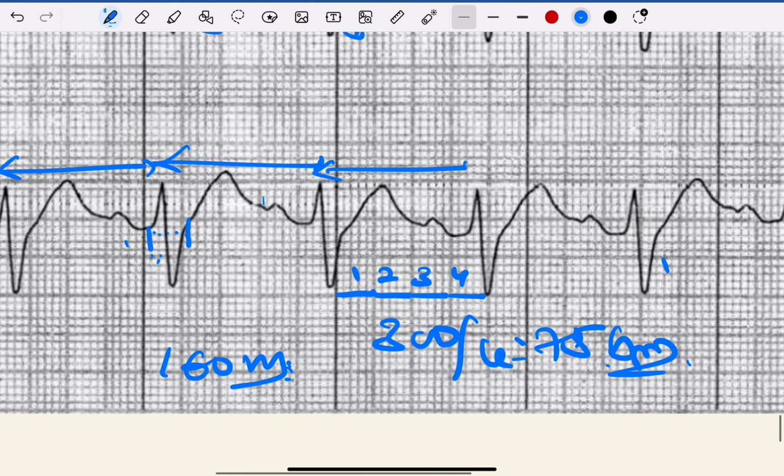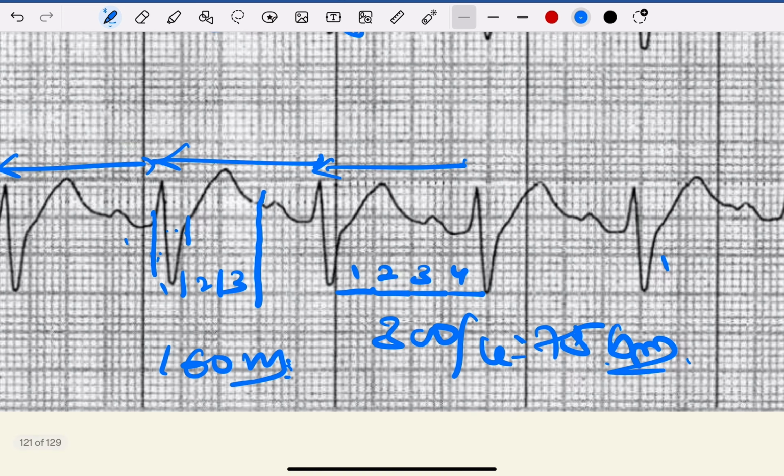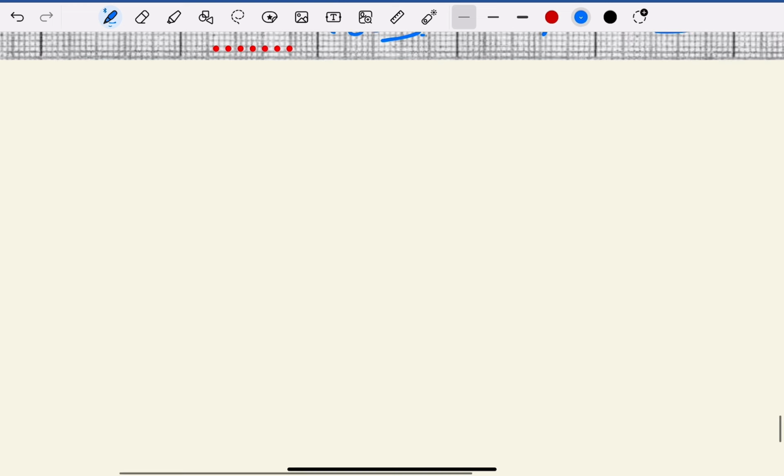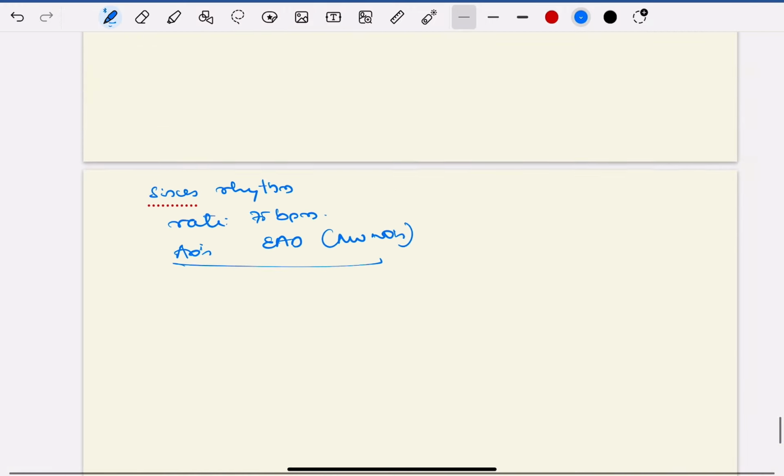The easy way to calculate is 1, 2, 3 boxes, so 3 boxes means it's almost near 600. But if you calculate properly, it comes around 460 milliseconds. So the absolute QT interval is around 460. I'm writing only abnormal things here.